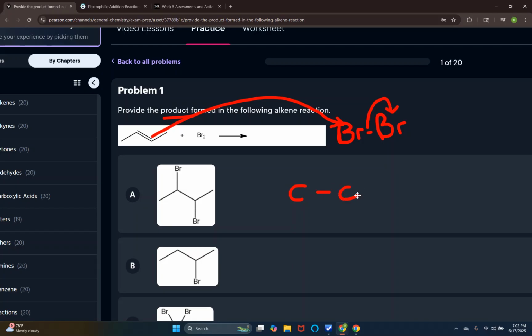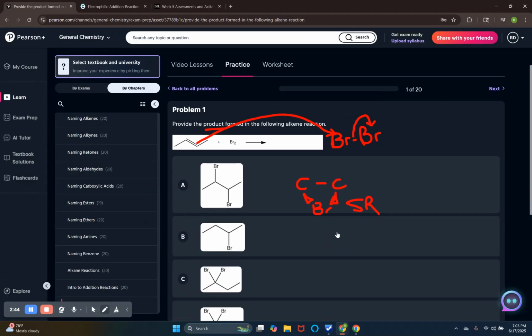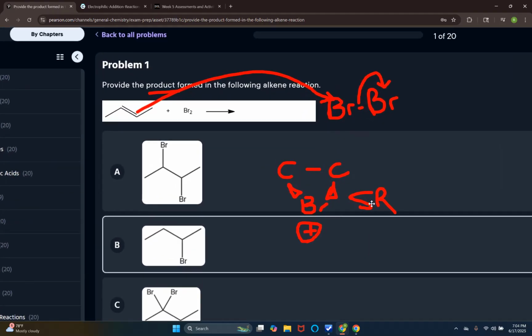So the double bond is broken, and we have the bromine right here, and it has formed a bond. Sorry, I'm a little slow with the pen here, with both carbons, and this creates basically a strained ring, which I'll abbreviate with SR. I should probably put the positive here as well to indicate that. Okay, so we have our CC bond with our strained ring.